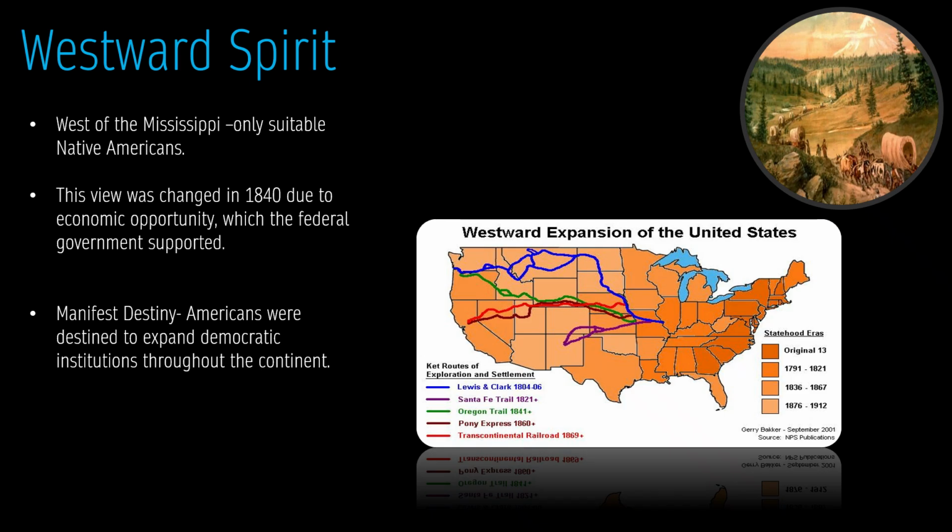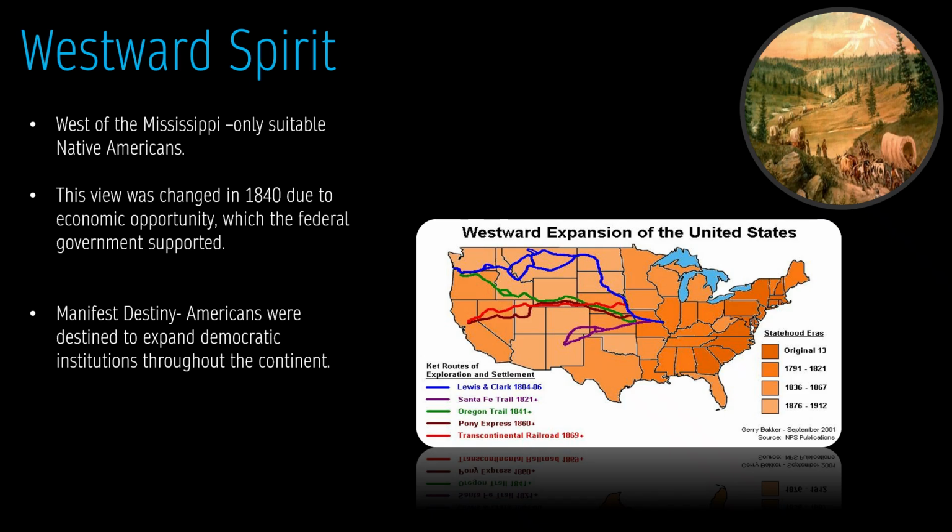And manifest destiny argues that it was the nation's duty to spread these democratic institutions, these American values from the East Coast to the West Coast. And this political ideology is going to provide moral justification, political justification for westward expansion. And it's going to become this tool that's going to shape U.S.